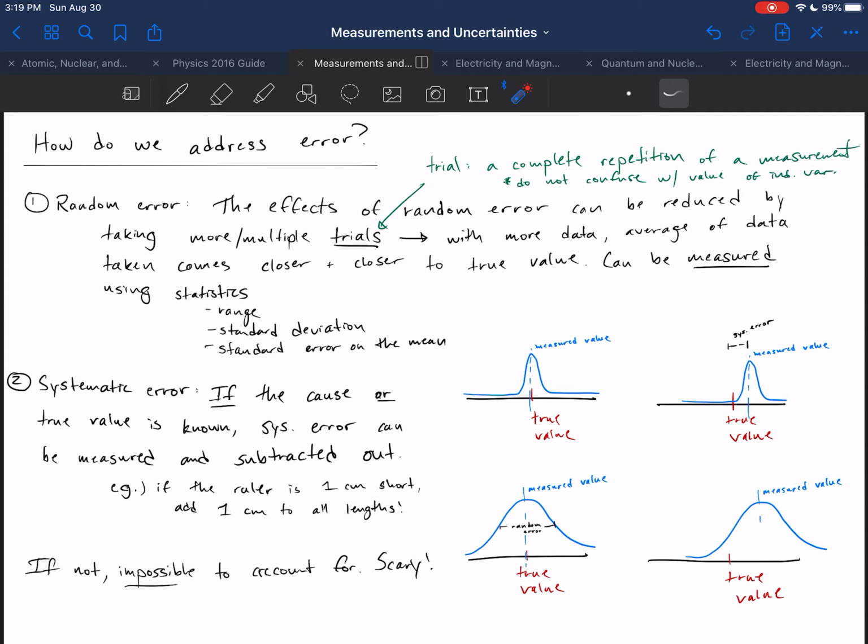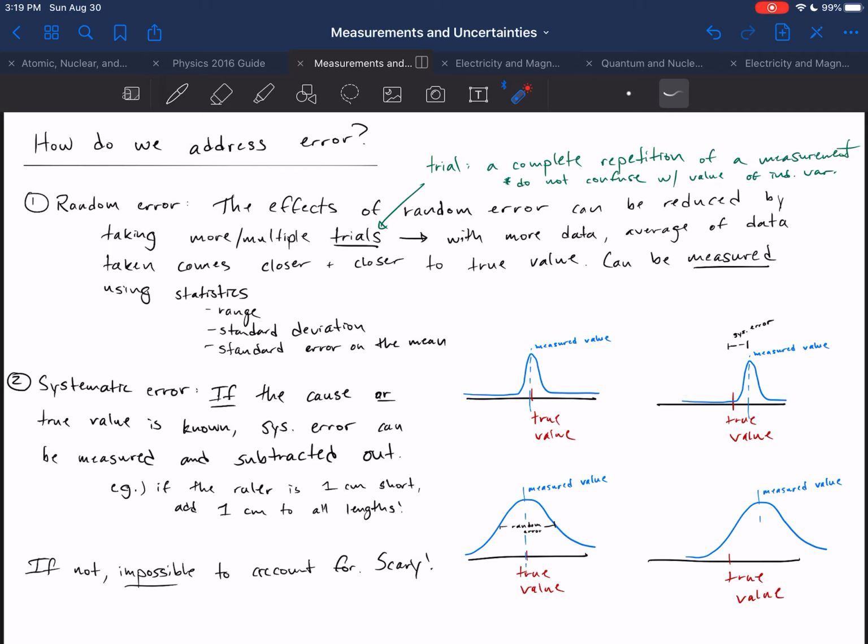Okay? All right, so how do we address systematic error? Well, this is a good news and bad news situation. If the cause or the true value of the measurement is known, then the systematic error can be measured and subtracted out.